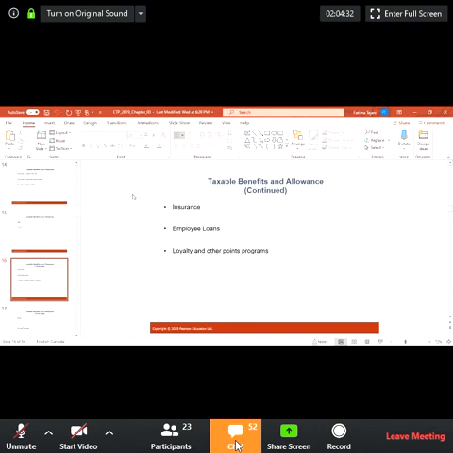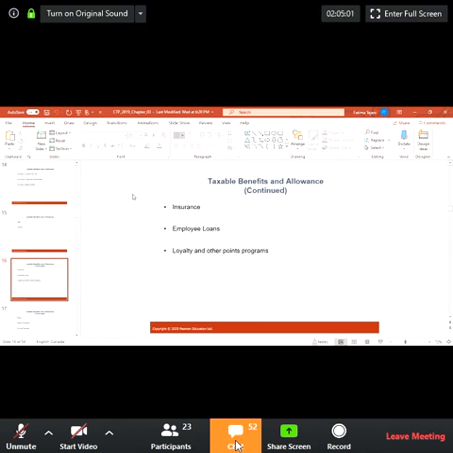Sometimes you get a loan for a home purchase. In that case, the home has to be purchased for the residence of the employee. Once the home purchase loan is established, you have to pay the interest, and the difference in the payment of interest has to be considered a taxable benefit.